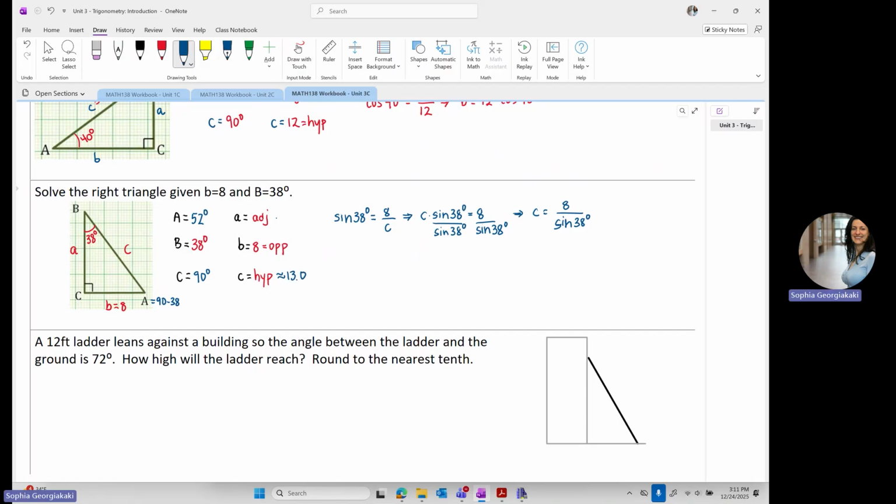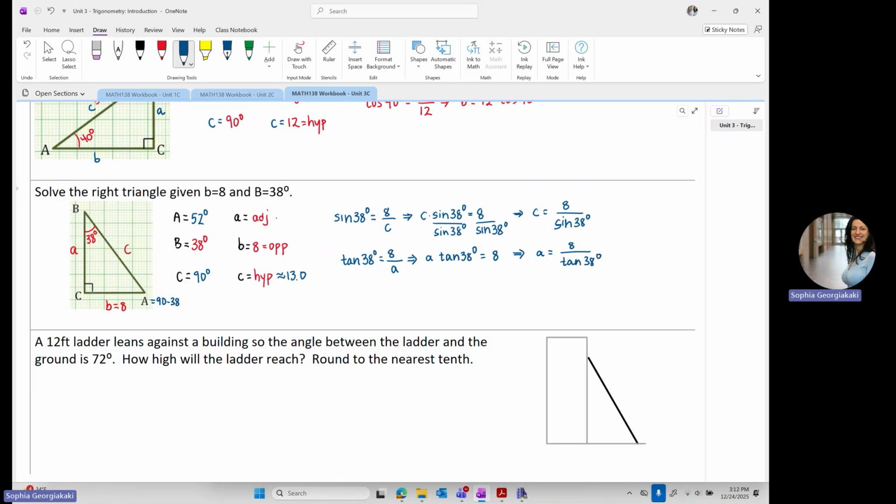To find the adjacent, I'm going to use the tangent. Tangent of the angle B equals the opposite, which is 8, over the adjacent, which is A. In a similar way, I'm going to solve for A. A times the tangent of 38 will equal 8, and I will divide by the tangent of 38, and A will equal 8 divided by the tangent of 38 degrees.